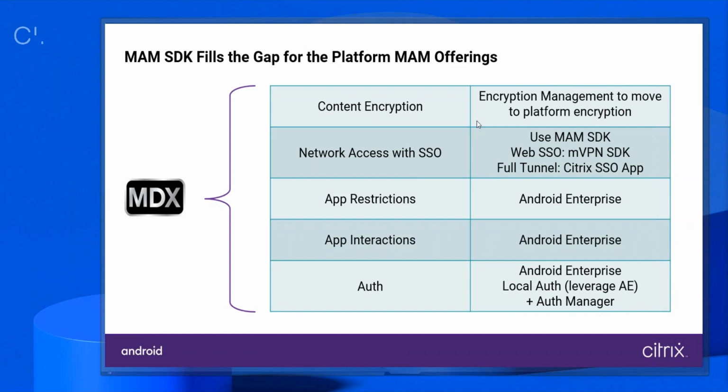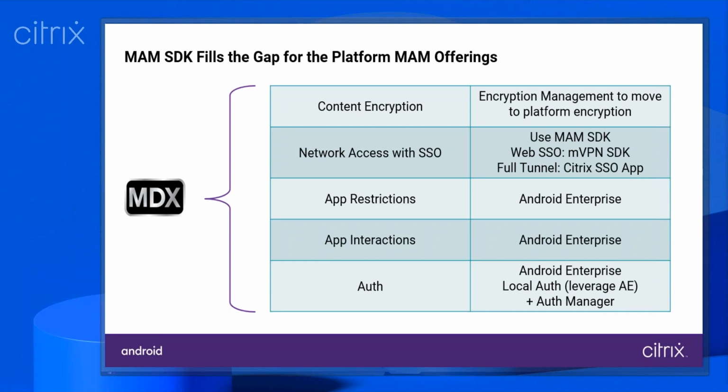All right. So the other part with Android, the cool part is that you only need to focus on the network access part, right? The MAM SDK for micro VPN. All the other parts, the encryption, that's covered by Android Enterprise. We just covered that, like the powers of the platform, the app restrictions, the app interaction.